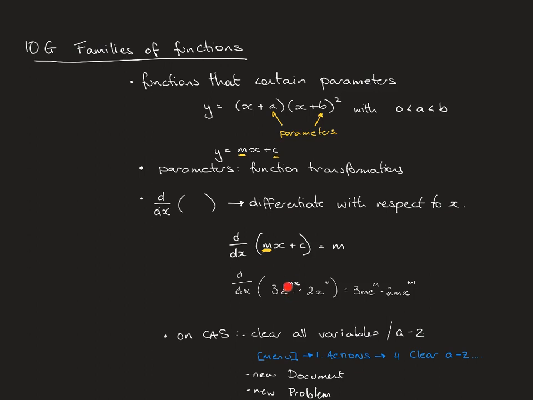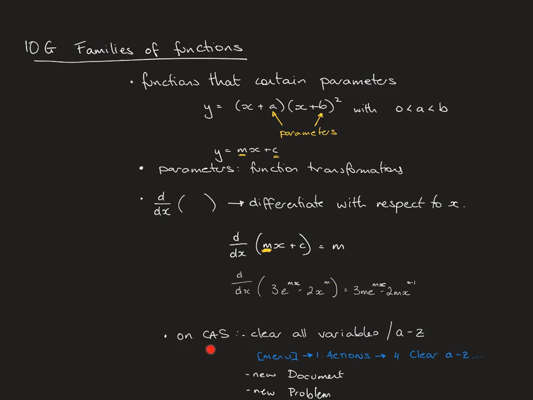So we use our derivative formula for this. So the m is going to come out the front. So 3m e to the m. Oops, that should have a little x with it. There. And then we use our derivative pattern on our power function here. So the m is going to come out the front. So minus 2m. And then the m drops in power by 1. So you get this m minus 1. So when you're differentiating with respect to x, treat all of the pronumerals as constants.